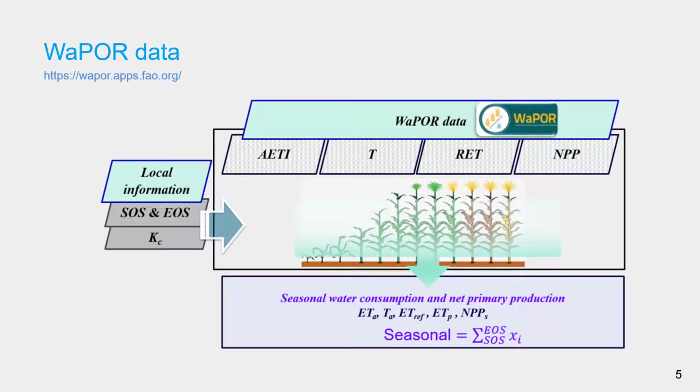Again, to recap, we use WaPOR data to compute water productivity. In the earlier lectures you saw how to download WaPOR data, how to compute seasonal data from these variables, and you also saw how to compute different performance indicators.